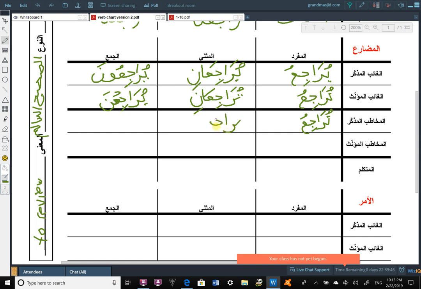Turaji'ani, dual. Turaji'una. Add the waw jama'ah. Right? And we have turaji'ina. We add the ya al-mukhataba, the ya for the female we're talking to.